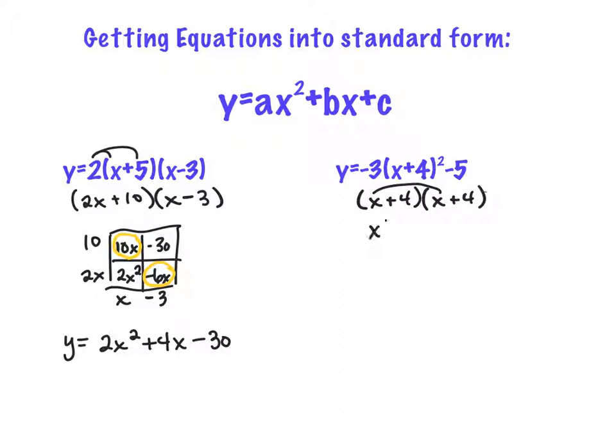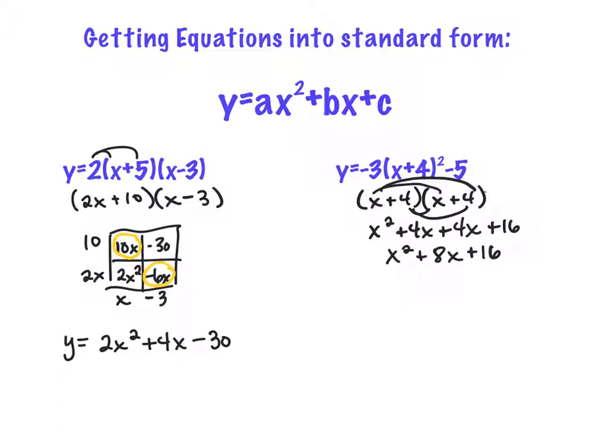So I have x squared plus 4x plus 4x plus 16. So x squared plus 8x plus 16. So this trinomial, 3 terms, is the equivalent of this squared binomial.